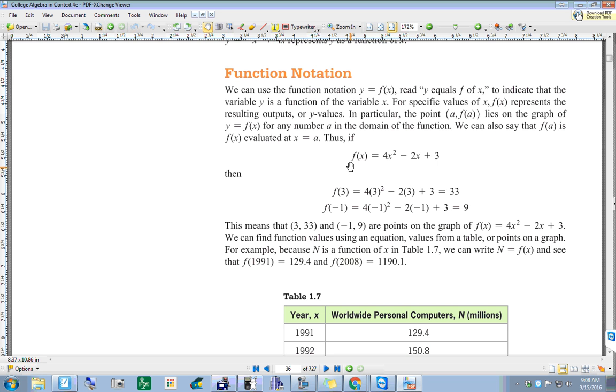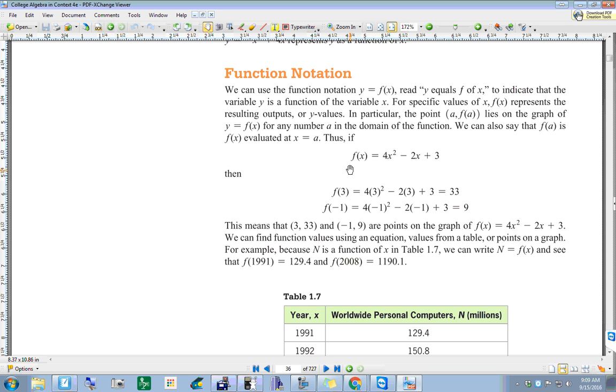But Euler's notation or function notation, what this tells us is whatever function we've got, we've got a label now. Because if you think about it, all those equations we had, y equals this, y equals this, y equals this, how do you tell them apart? You really couldn't. Because one might be y is equal to x squared, the other one might be y is equal to 2x squared. How do you tell the functions apart? Is there a name? Is there a label? Now we can do that.